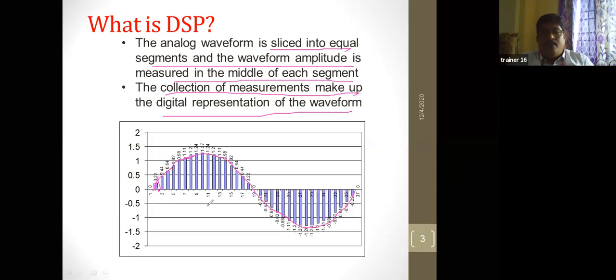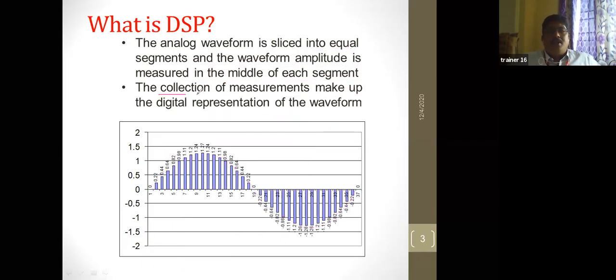After this form, I already told you, it is forming like this. After this, it should form like this. If you draw here, this is a segment, and this is a segment, and this is a segment, like that. That means the signal is processed in such a way.